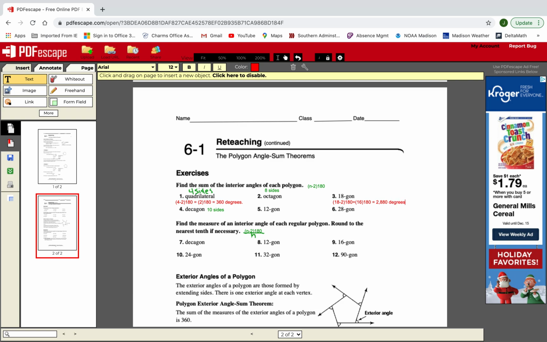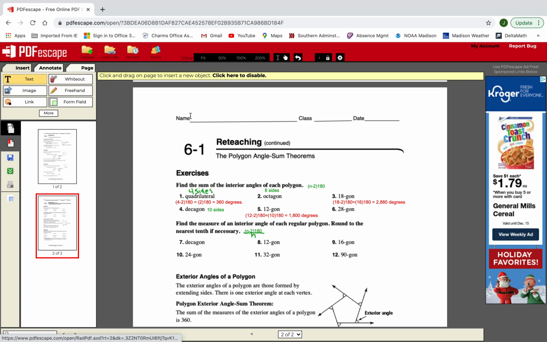And that is the sum of the interior angles of an 18gon. Let's go ahead and do 5 down here. 12-sided figure, we have 12 minus 2 times 180, which is 10 times 180, which is 1,800 degrees. Sum of the interior angles of a 12gon.